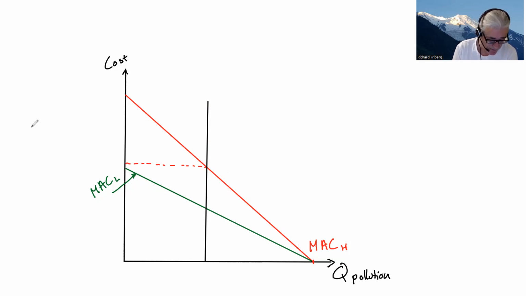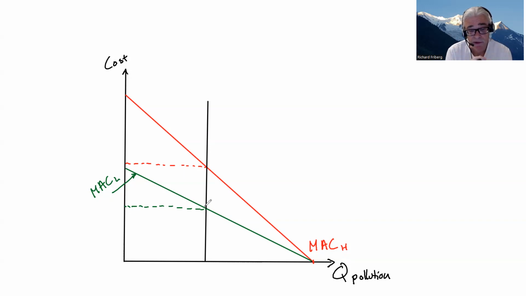Whereas for the lower cost producer, its marginal cost of limiting pollution at this point is lower and given by its marginal cost. Okay, so both firms are emitting the same amount of pollution, but they differ in their costs of doing so.